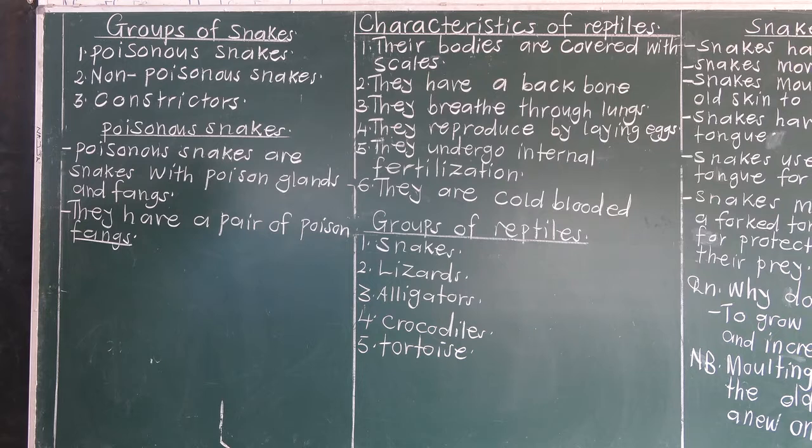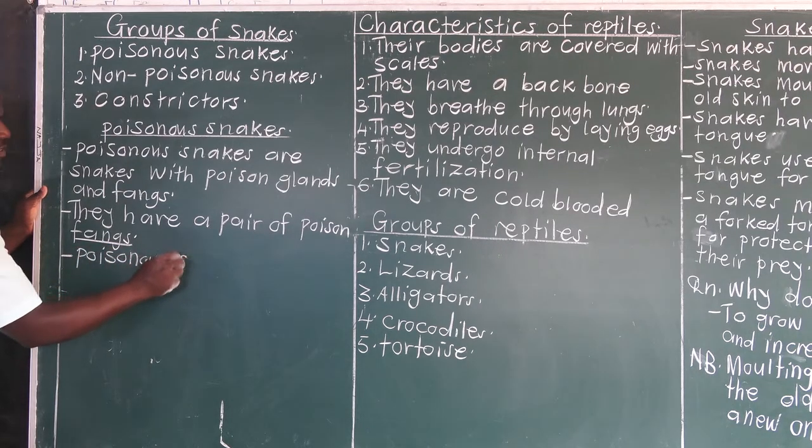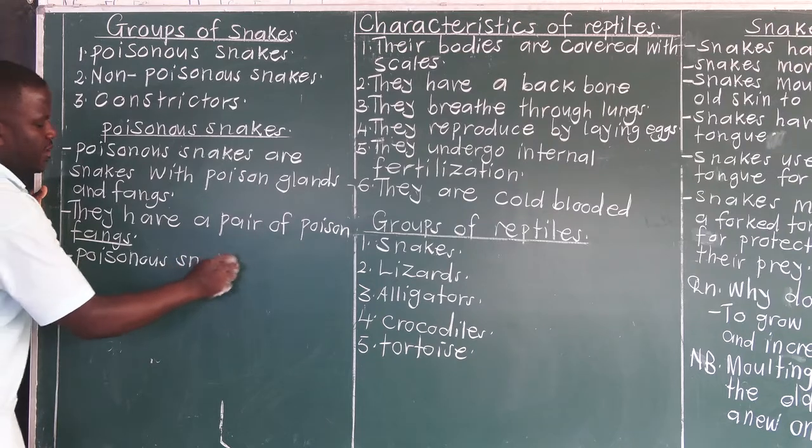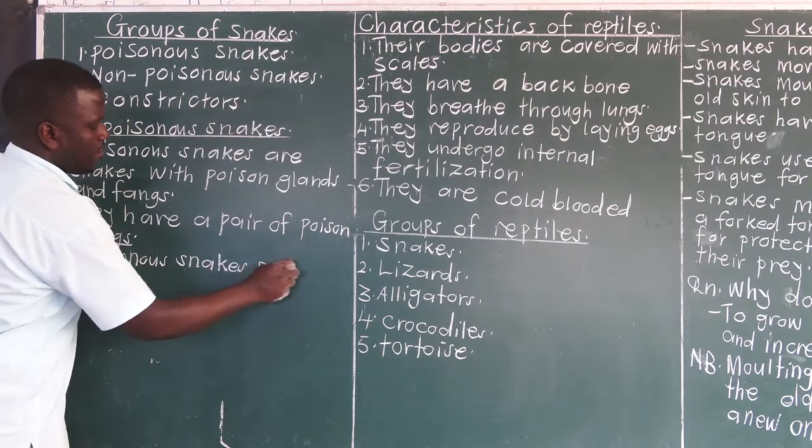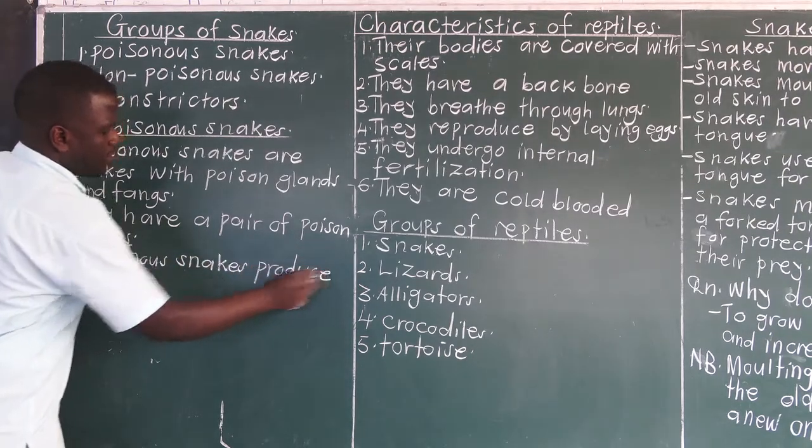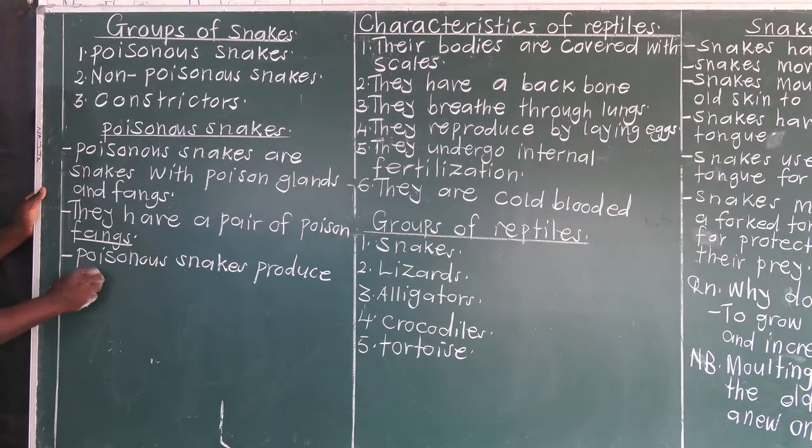Then next we look at how poisonous snakes produce poison called venom.